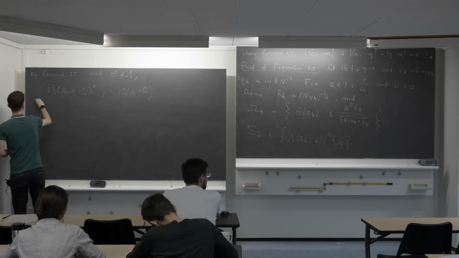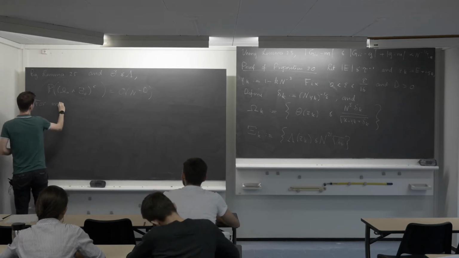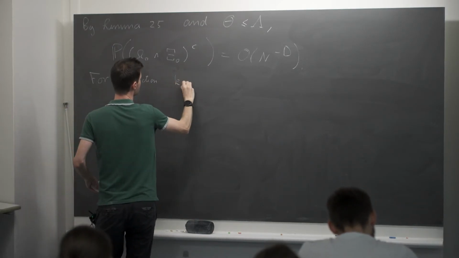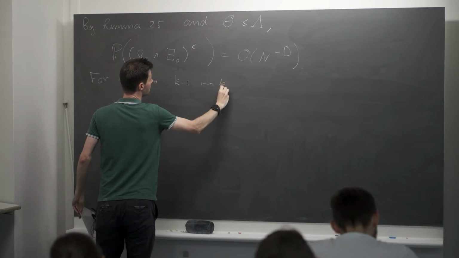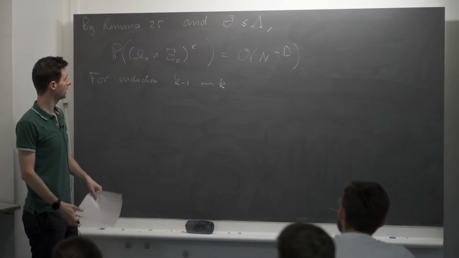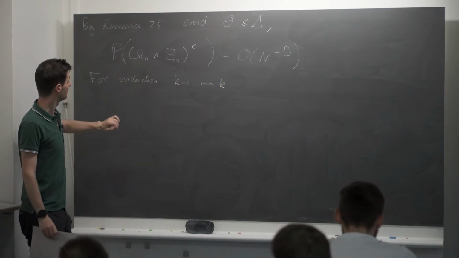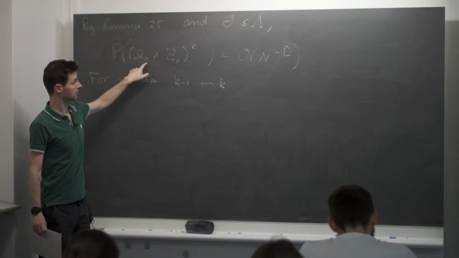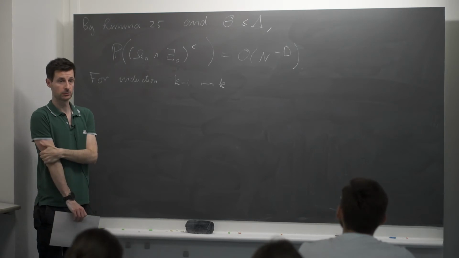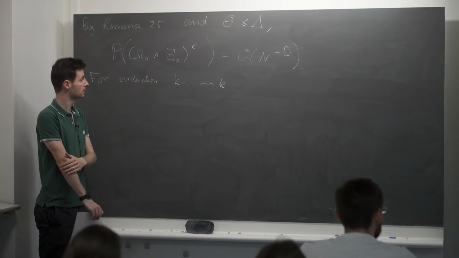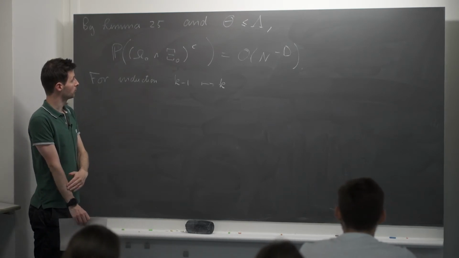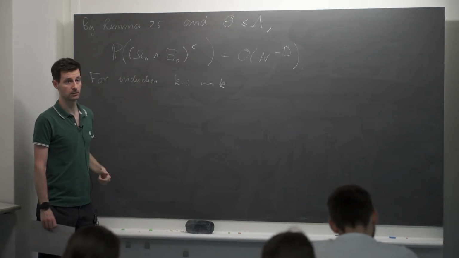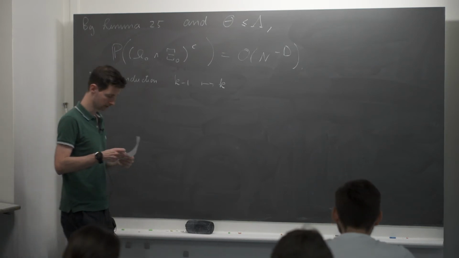So now for the induction. We want to go from k minus 1 to k. So what we will assume, we will assume that these events hold. So we will assume that omega k minus 1, ck minus 1 hold, or in other words, we work on these events. And we will prove that on these events, the probability that omega k and ck hold is very high.